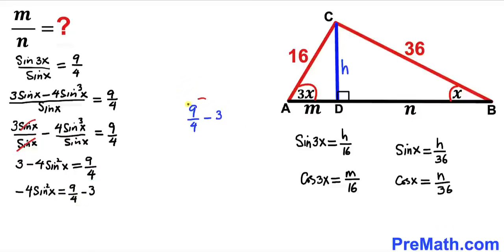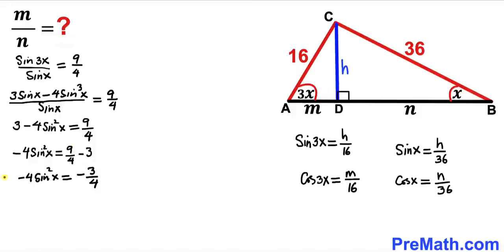If I simplify this, it gives us negative 3 divided by 4. So I replace the right hand side by negative 3 divided by 4. This gives us negative 4 sine squared of x equals negative 3 divided by 4. Now I'm going to multiply by negative 1 divided by 4 on this side and negative 1 divided by 4 on this side as well.